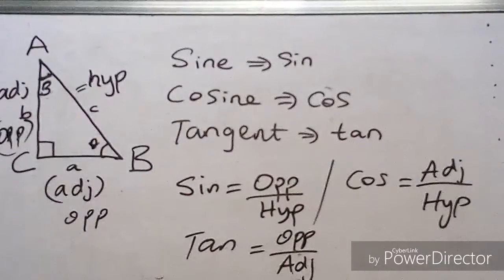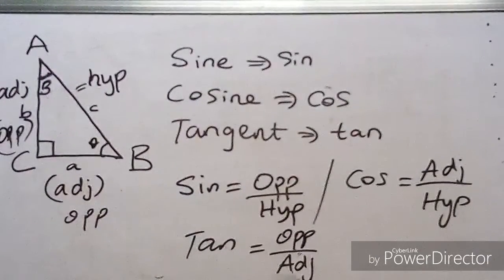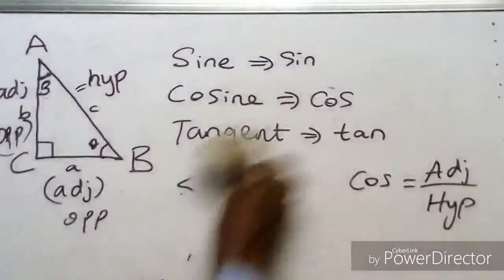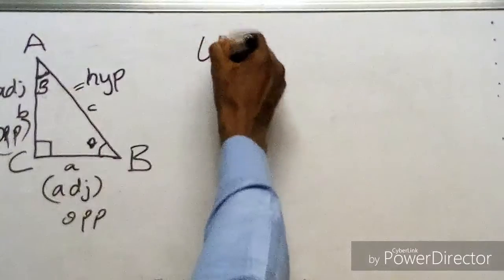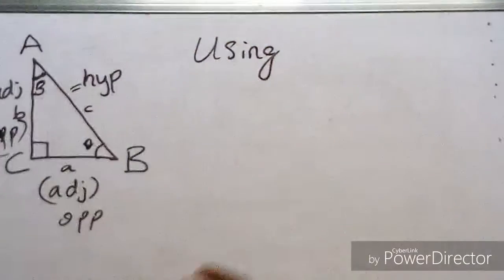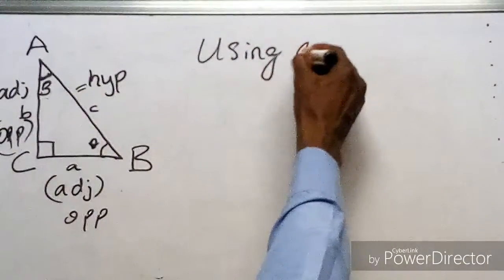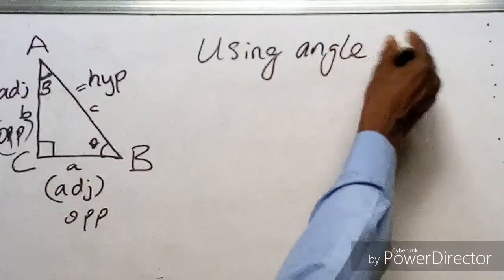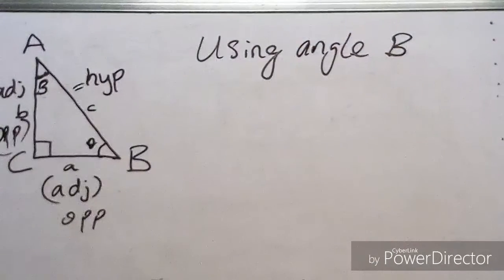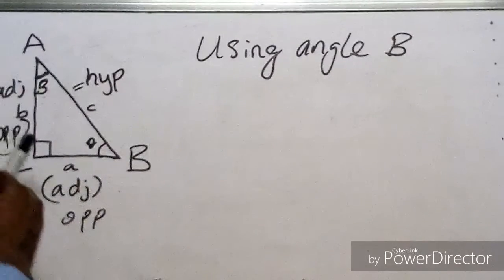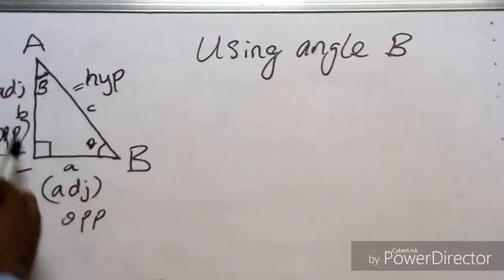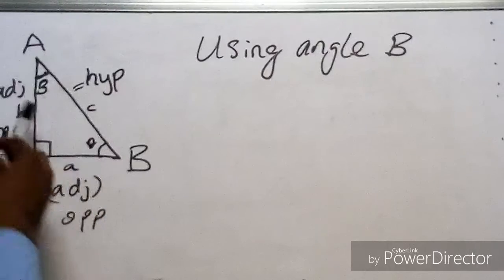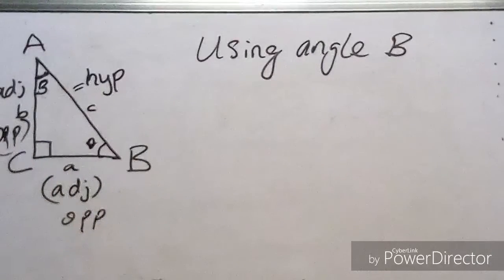So if we are to use angle B, for instance, in solving, what we are going to have is this. Using angle B, we will have opposite over adjacent. The opposite and then the adjacent.